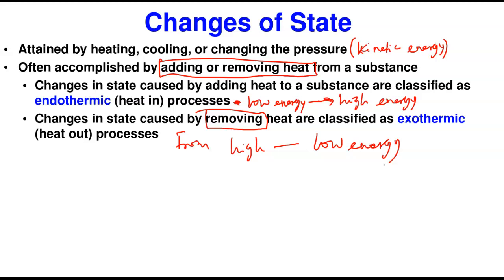A good example, if we do the opposite of what we did: if matter is going from gas to liquid, what does that tell you? It's an exothermic process, and if it goes from gas to liquid, we're simply talking about condensation or liquefaction.